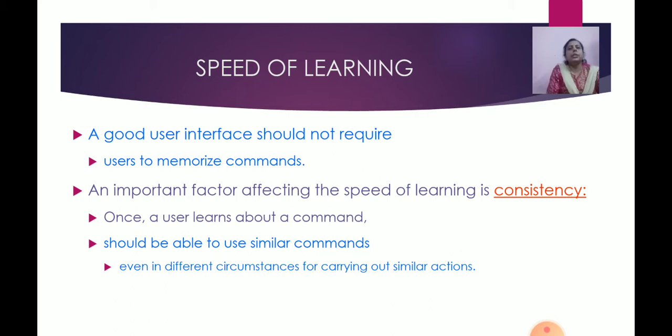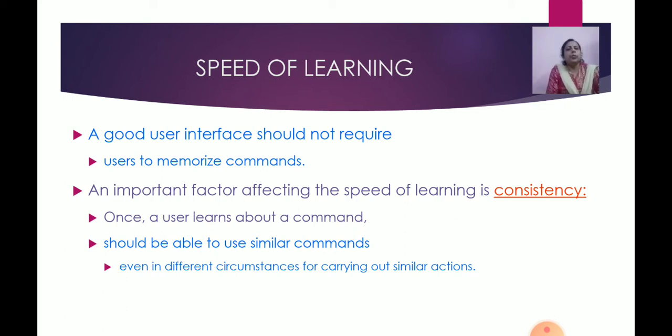A good user interface should not require the user to memorize commands. Means the commands will be so simple that the user need not memorize all the commands. An important factor affecting the speed of learning is consistency. Once a user learns about a command, he should be able to use similar commands even in different circumstances of carrying out similar actions.